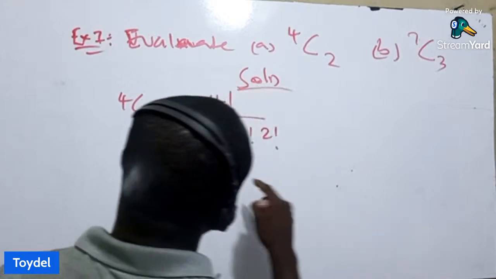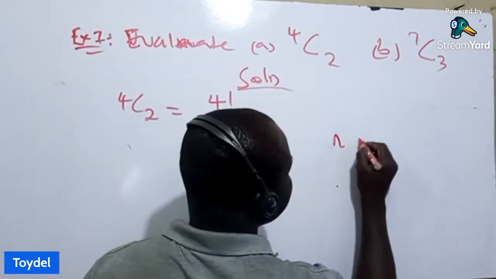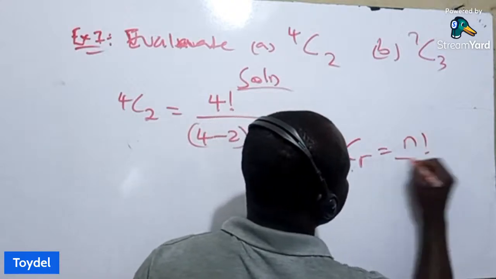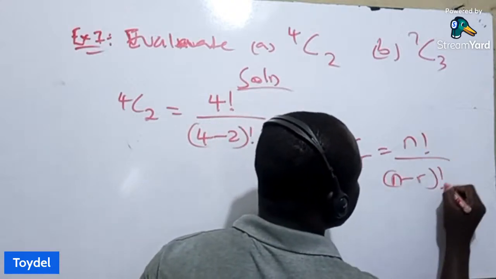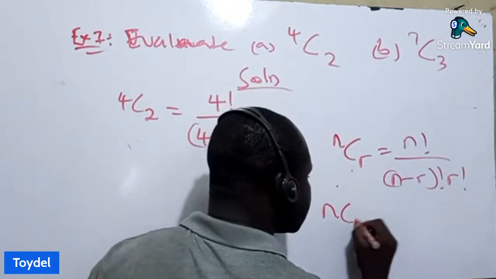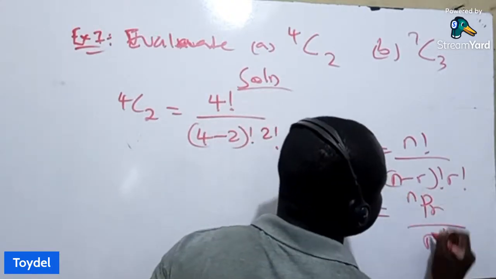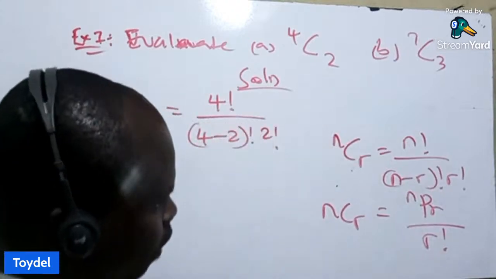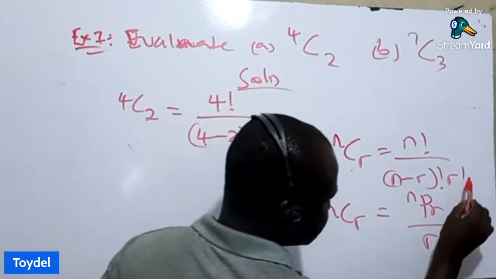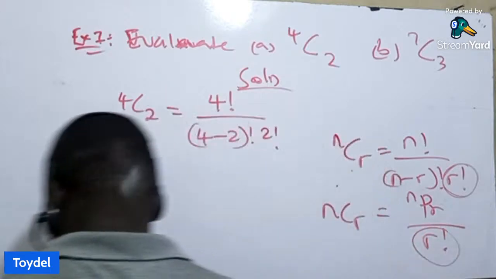I think the formula I gave has a slight mistake. N combination r is n factorial all over n minus r factorial, r factorial. It is r factorial, not n factorial, because n combination r gives us n permutation r all over r factorial. So please, let's take note. What we have here must be r factorial, not n factorial.